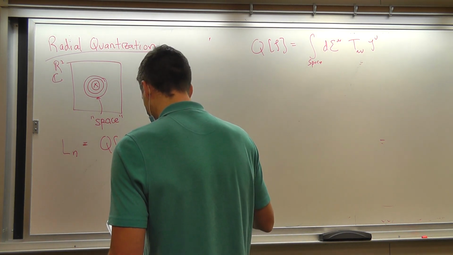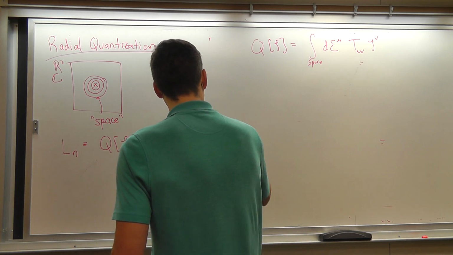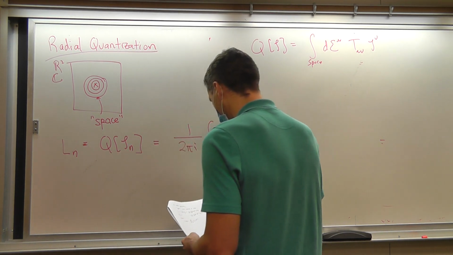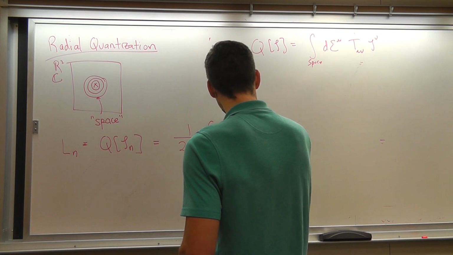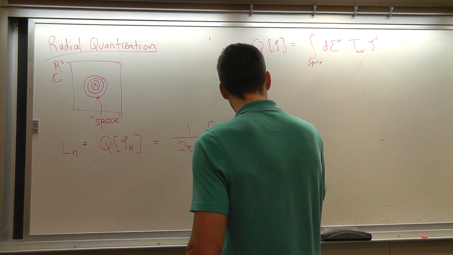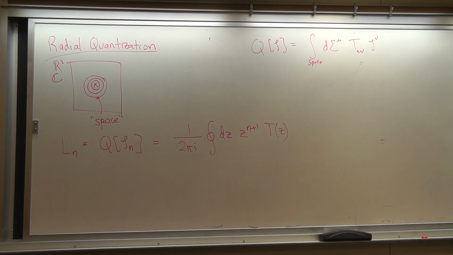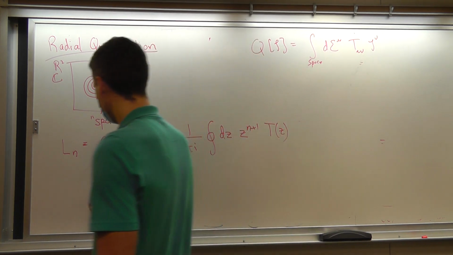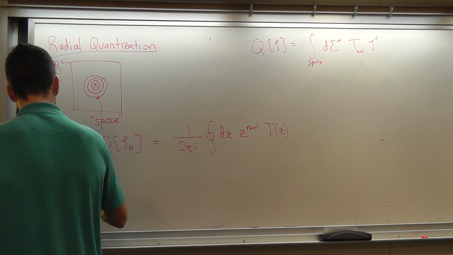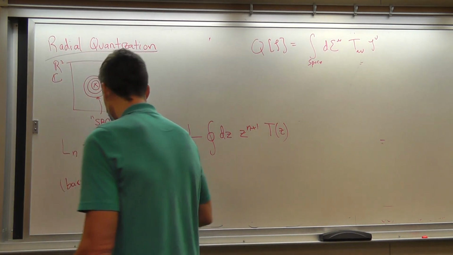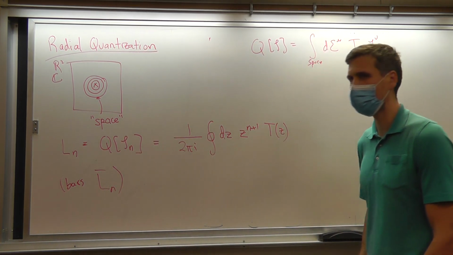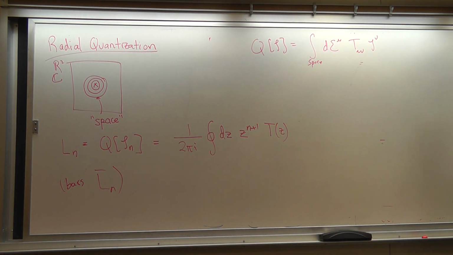So this is 1 over 2 pi i times the contour integral dz of z to the n plus 1 T of z. Similarly for the bars, but I won't write them. Okay, so these are the charges, the conformal generators, the conserved charges of a 2D CFT.